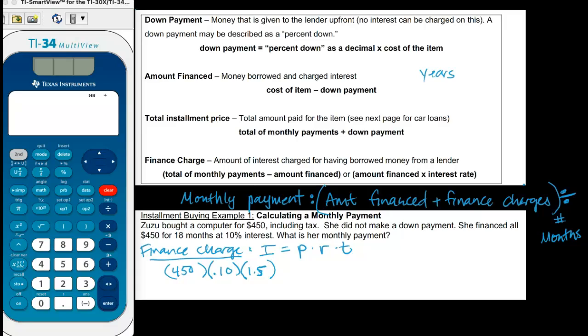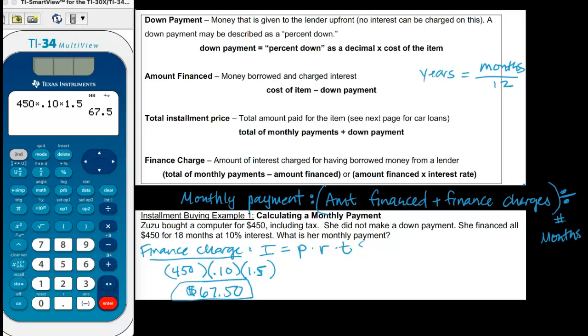So years is always equal to the number of months divided by 12. We can calculate that over here, and we end up getting $67.50. That is the finance charge.